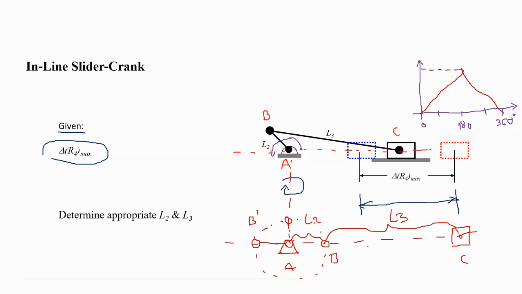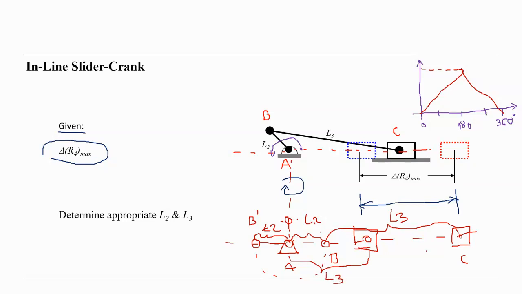Then this is L2, and the slider will be here somewhere. Let's imagine it is L3.